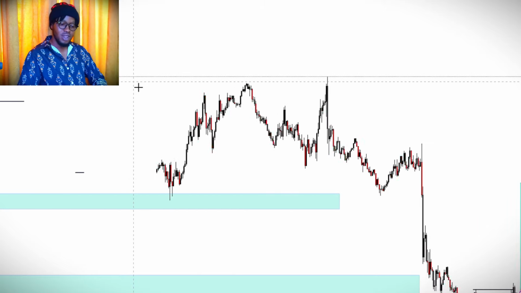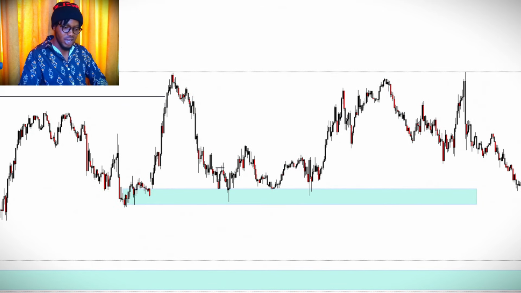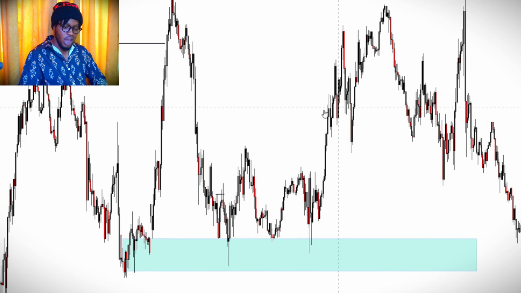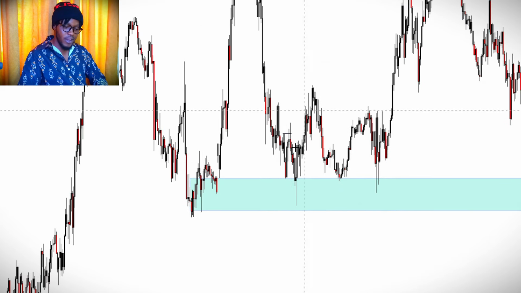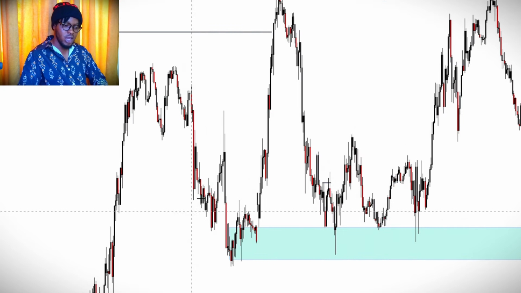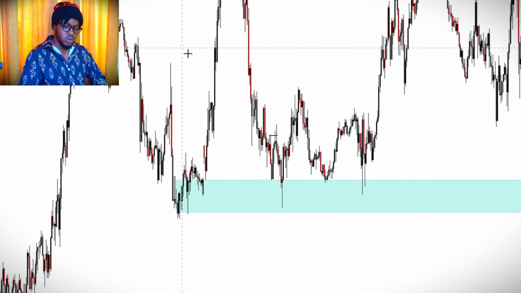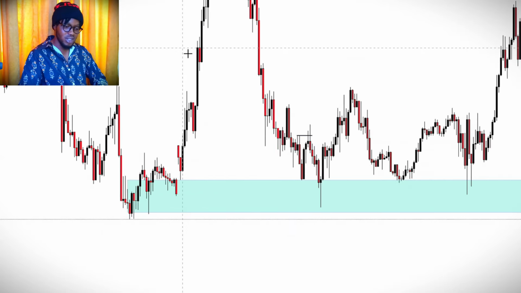All right, here we are on the 15-minute time frame. Like I said, our internal demand zone right here, our external demand zone right here, the break of structure, remember? So now let's zoom in.